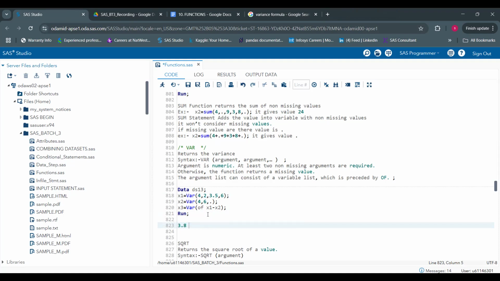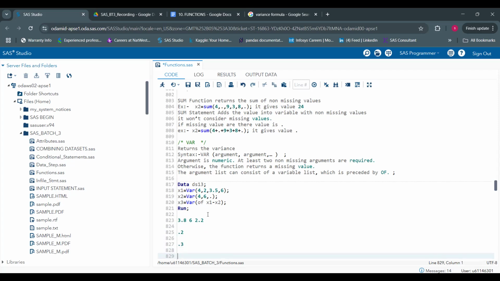So the distance from 6 is 2.2, from 4 is 0.2, from 3.5 is 0.3, and from 2 is 1.8.